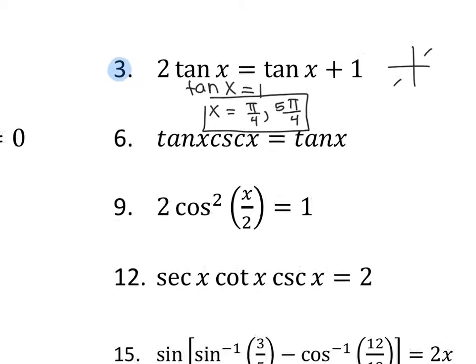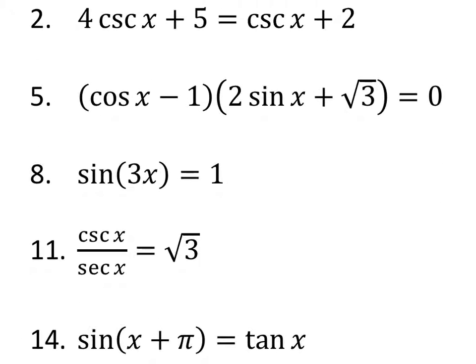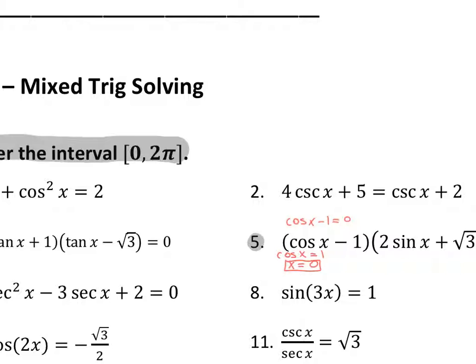Now, let's move on to number 5. This is already factored for me, so what I can do is set each factor equal to 0 and solve. So if I set the first factor equal to 0, then that means that cosine of x is equal to 1, and cosine is equal to 1 when the angle is equal to 0, or 2 pi, but 2 pi is not included in my... Oh, it is.